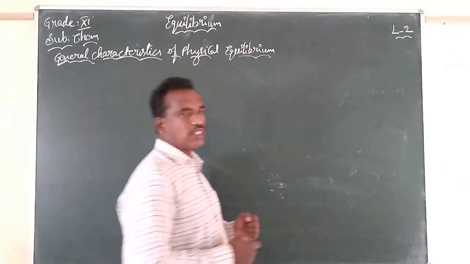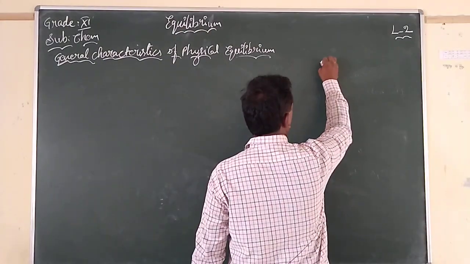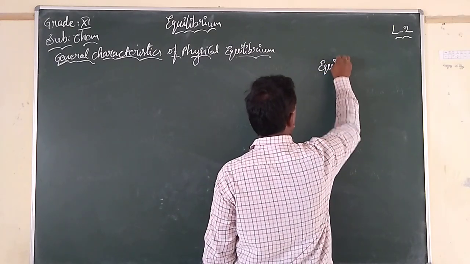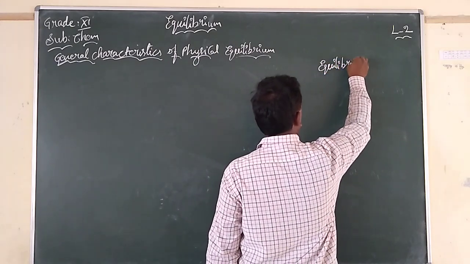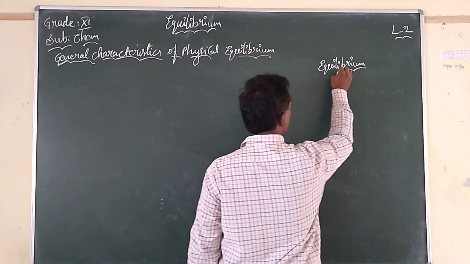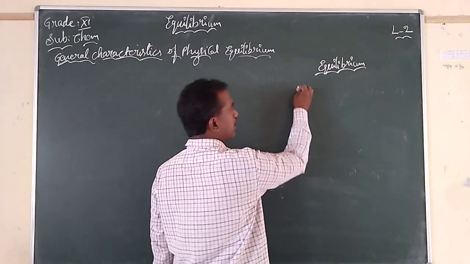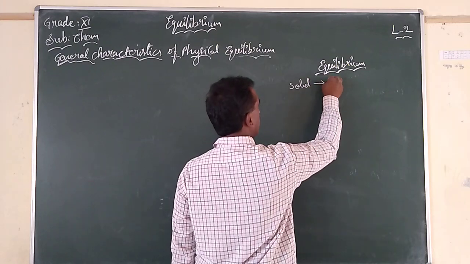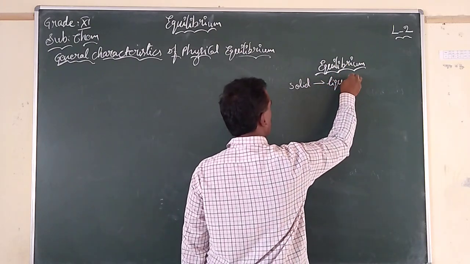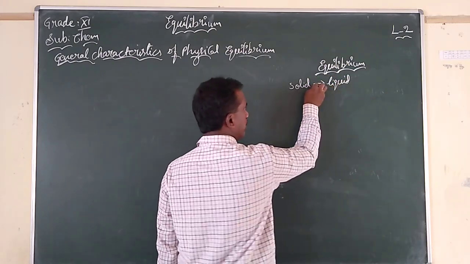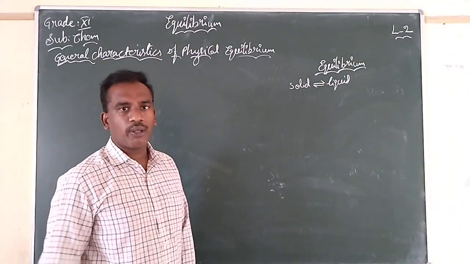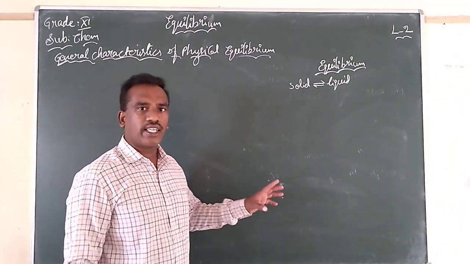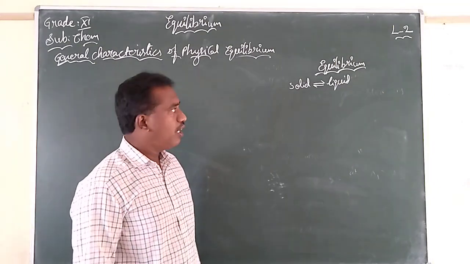Actually, what did we learn, children? During the equilibrium condition, which equilibrium conditions have we learned yesterday? When a solid is changing into liquid and the liquid is converting back into solid, we say they are at the equilibrium, is it not?